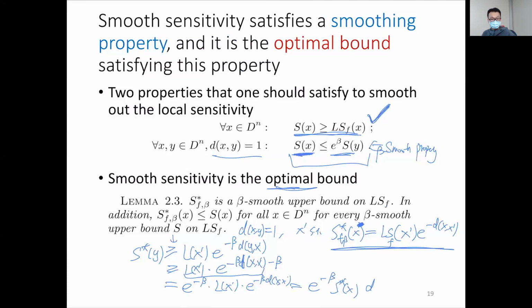But the idea is that you assume there is another S that satisfies the smoothing property, and then you show that this S is always bigger or equal to this particular S star. That demonstrates that the smooth sensitivity is really the right upper bound to use, because there are no other upper bounds that are better than this particular one.